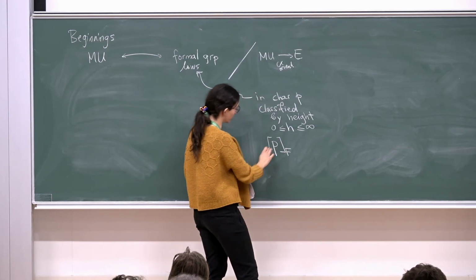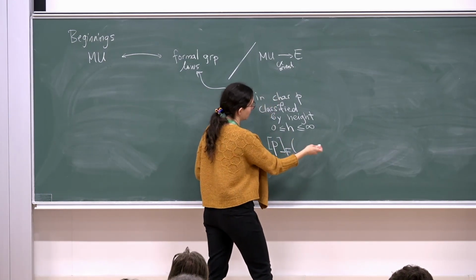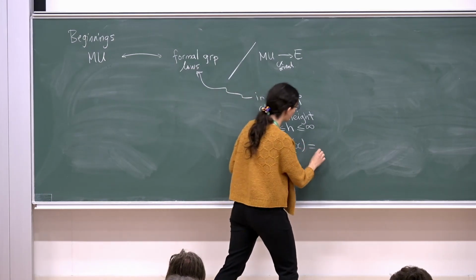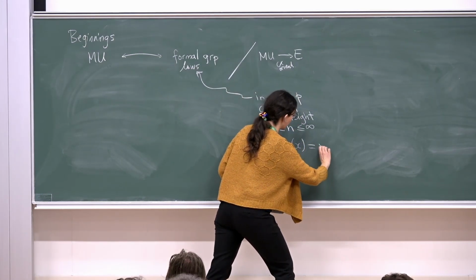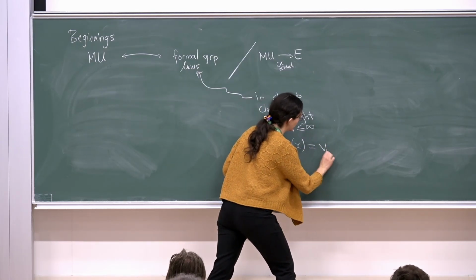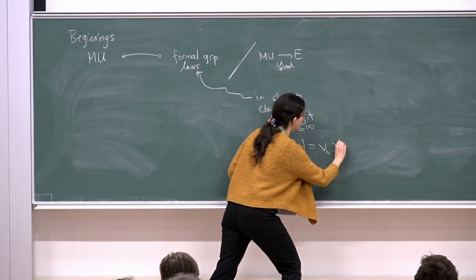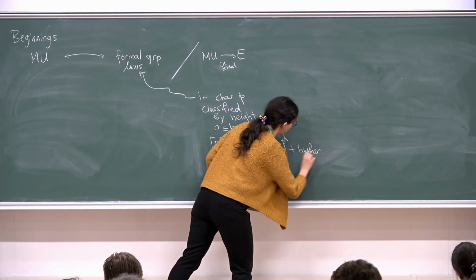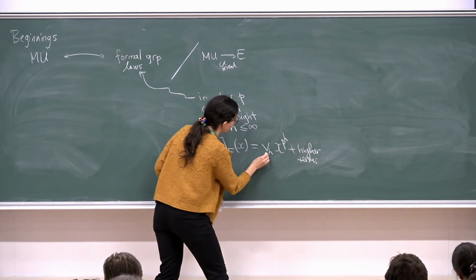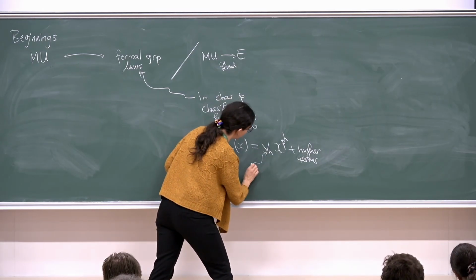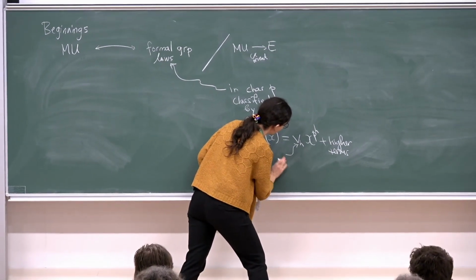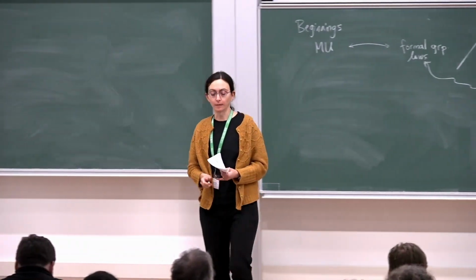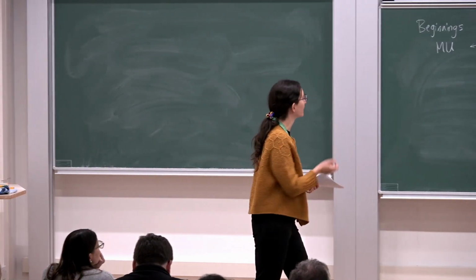This is usually denoted by that, and it can be expressed as a power series of the form: some coefficient times x to the p to the h, plus higher terms. If this coefficient is invertible, a unit, then our formal group law has height h.